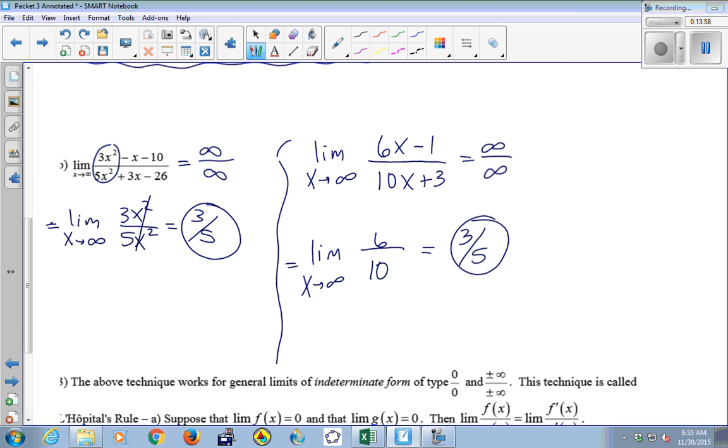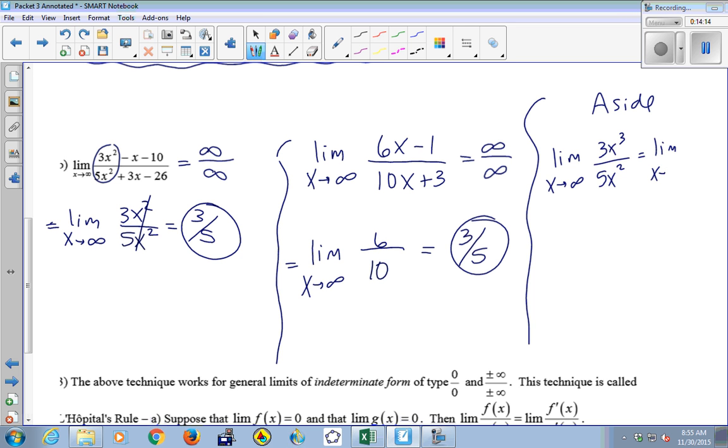A number, yeah. So if your numerator is going to infinity, so let's say I had limit as x goes to infinity of 3x cubed over 5x squared, right? I could take the derivative of the top and the bottom, so I'd get 9x squared over 5x.